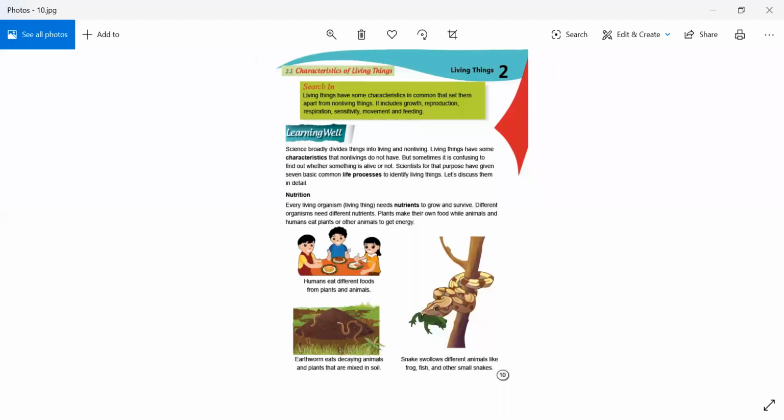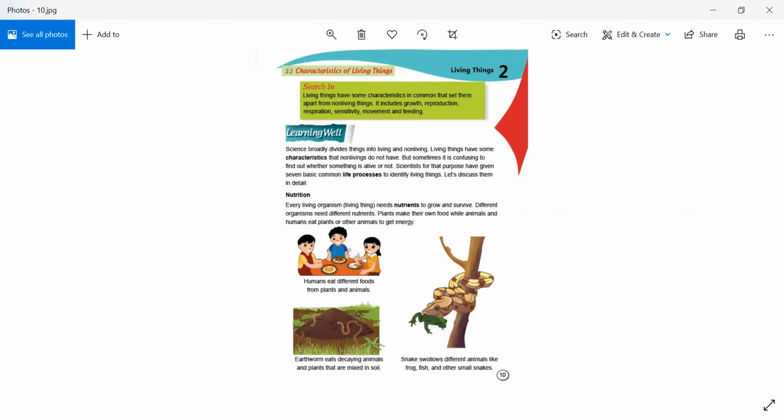Earthworm eats decaying animals and plants that are mixed in soil. So what earthworms need to be alive, to grow themselves, they need to eat the decaying animals. Decaying animals means the animals which died before and their nutrients are now present in the soil.